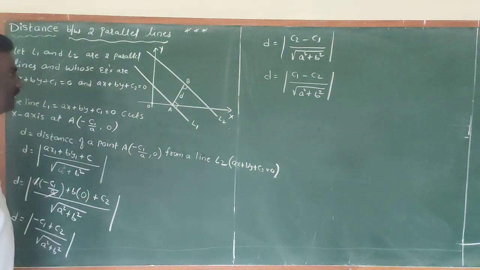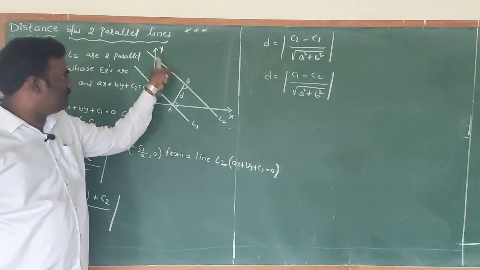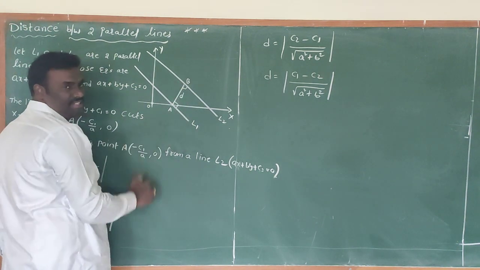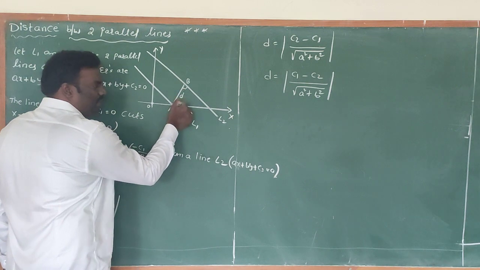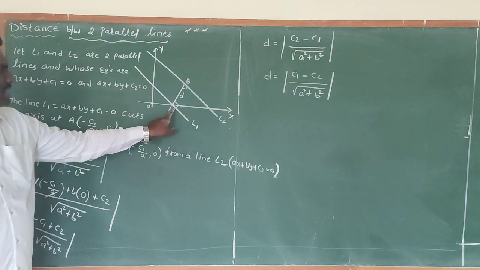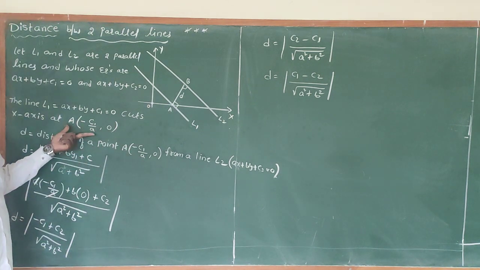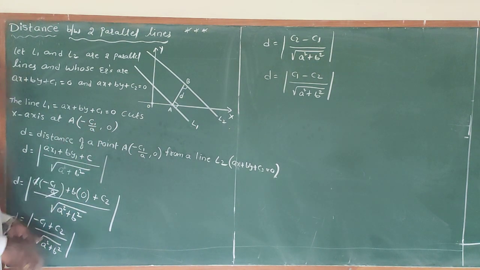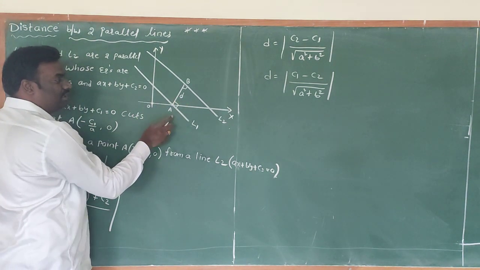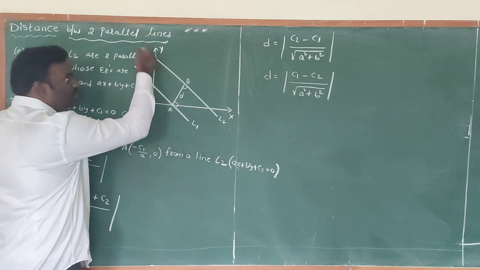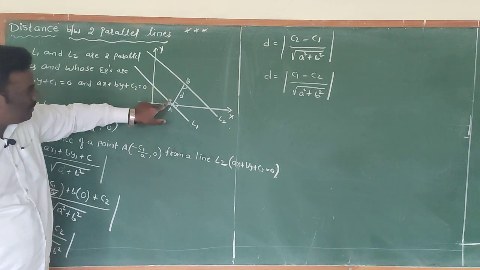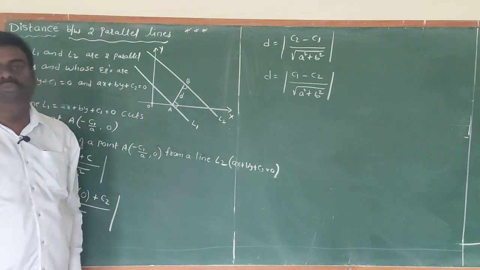Once again listen, I took two parallel lines L1 and L2. We need to find the distance between these two parallel lines. Distance is always perpendicular to the line. Now this straight line L1 cuts x axis at A. Then A point is minus C1 by A comma 0. This distance can be written as, it is a distance from A point to the line L2.